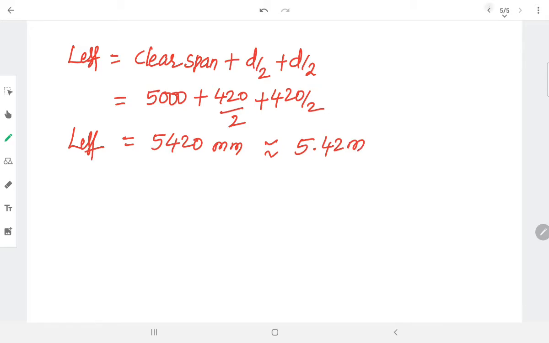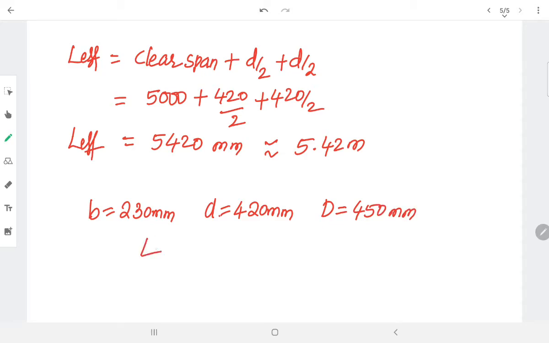Okay, so this is your second step, that is calculation of the dimensions. So B we have taken 230 mm, small d we got 420 mm, capital D we got 450 mm. Generally everywhere we will be considering the small d itself, but only for the calculation of the self weight of the beam, I will be taking capital D. You are not supposed to neglect the weight of cover.